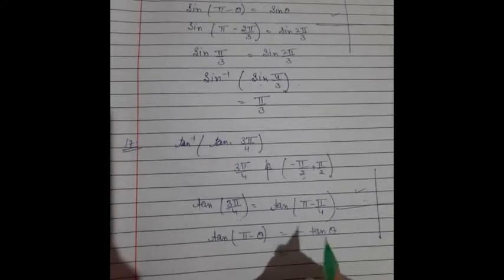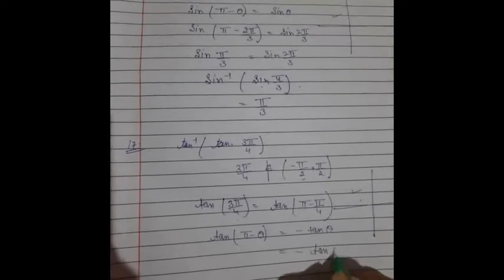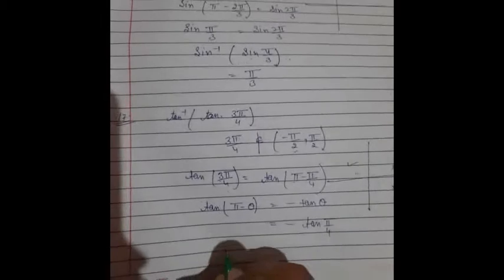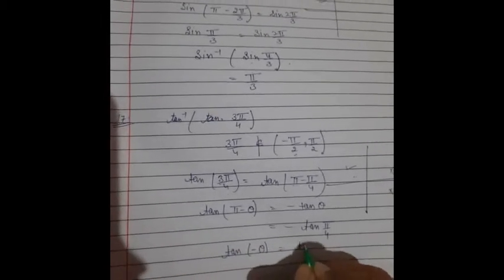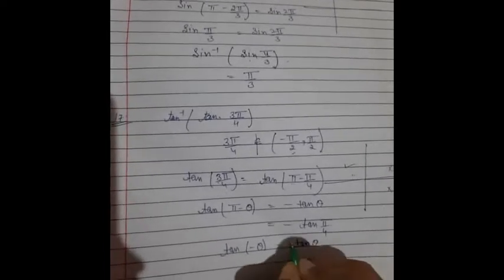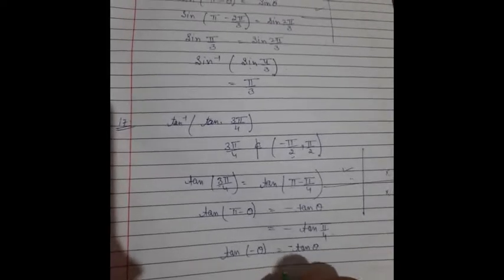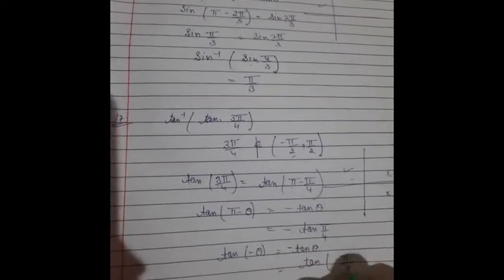That means this becomes minus tangent of pi by 4. And tangent of minus theta is equal to minus tangent theta. So here minus tangent theta means this becomes tangent of minus pi by 4.